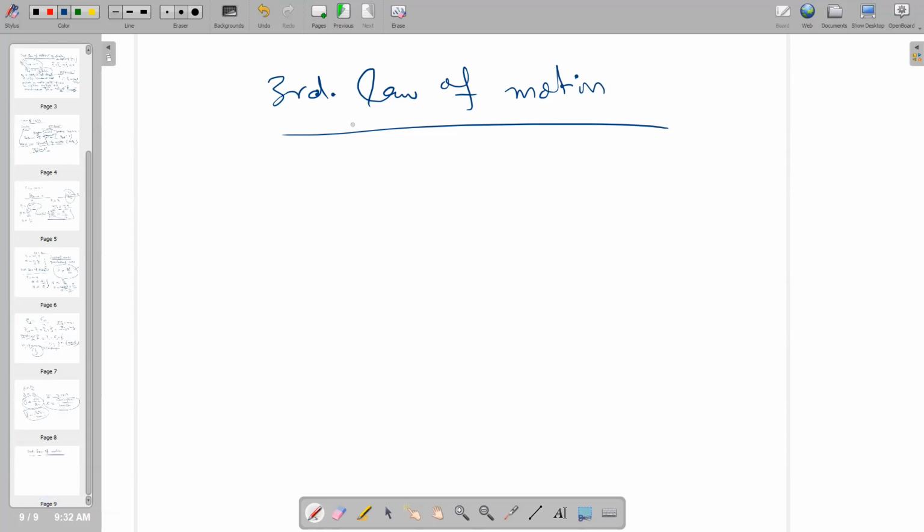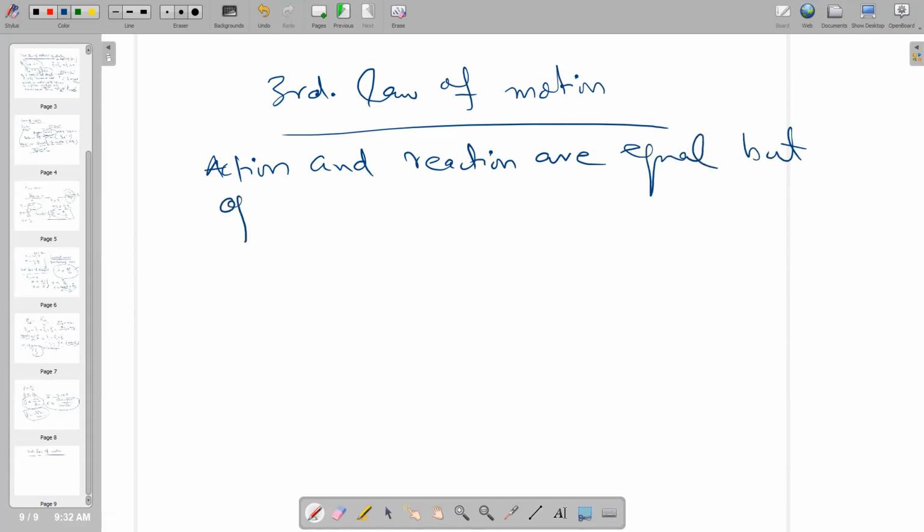Here you are defining the third law: action and reaction are equal but opposite in direction. Opposite in direction. This is a very simple definition, but it is not simple. It is a little tedious.